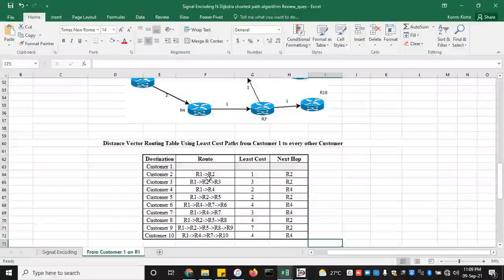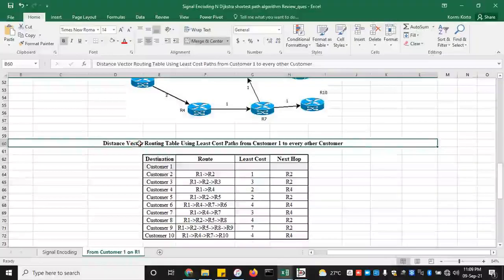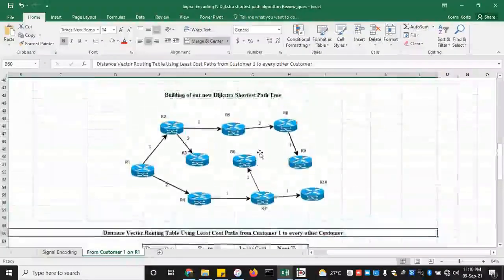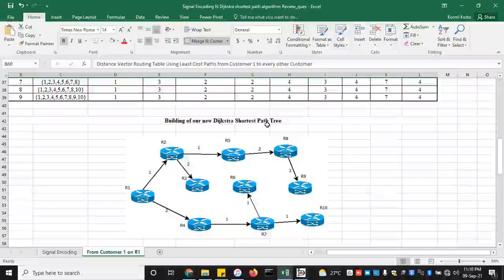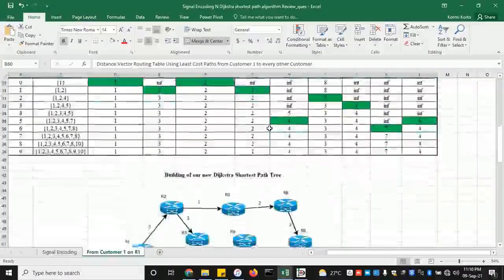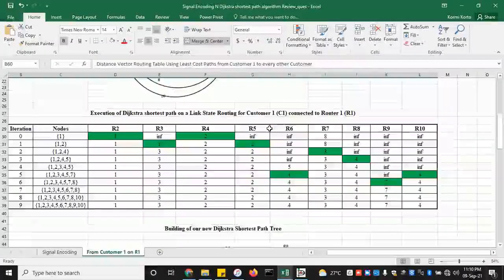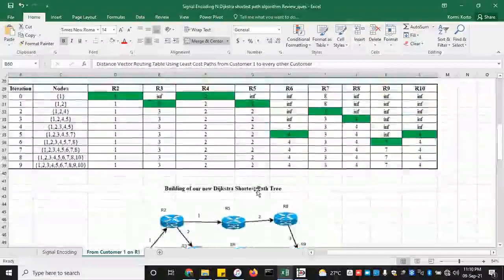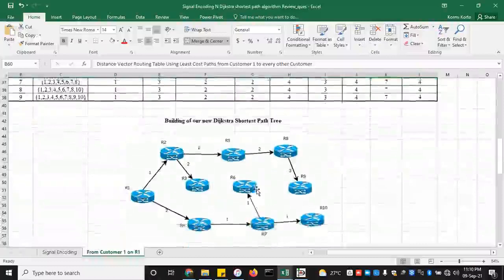So this is literally our distance vector routing table using the least cost path tree that we had from the Dijkstra executed tabulation, or algorithm tabulation.